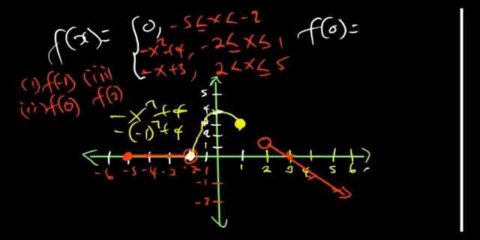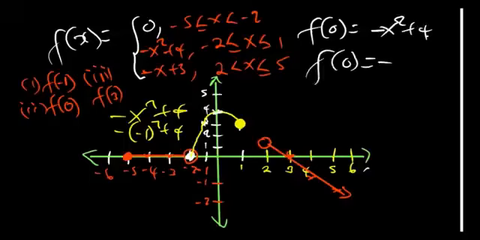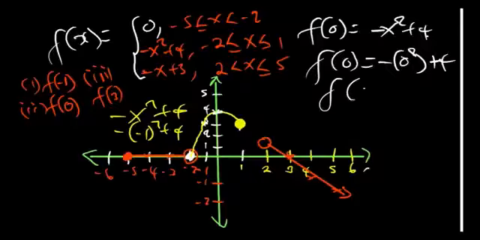The second one is saying from negative 2 all the way to positive 1, meaning that 0 is in that range. So we're going to get that one again. It's going to be negative x squared plus 4. So f of 0 is going to be negative 0 squared plus 4. So f of 0 is going to be 0 plus 4, which gives us a 4. So that will be the answer for f of 0.